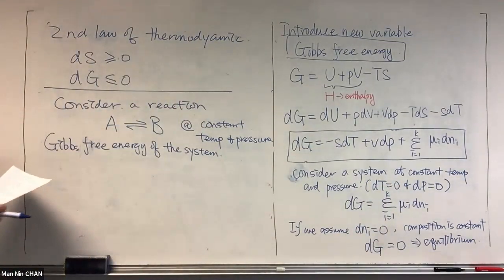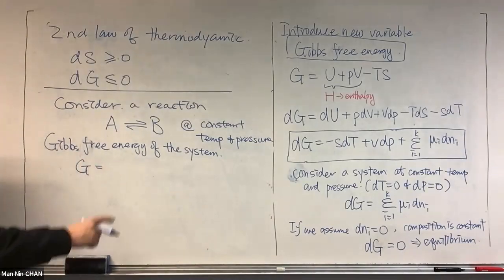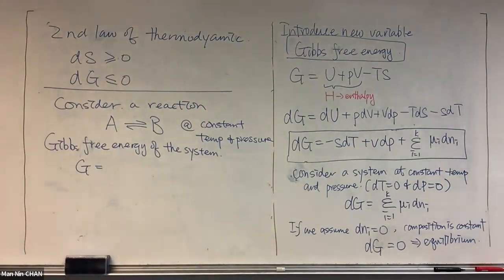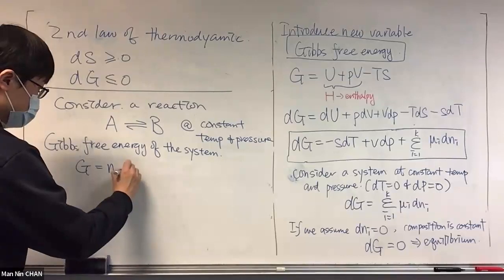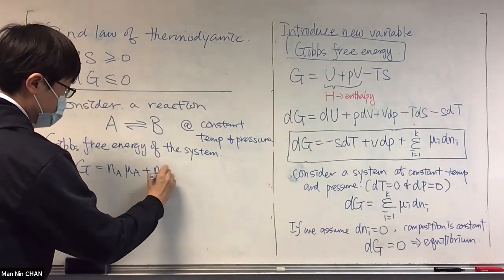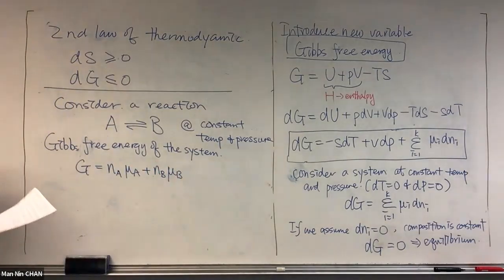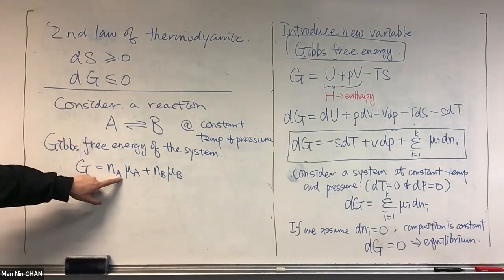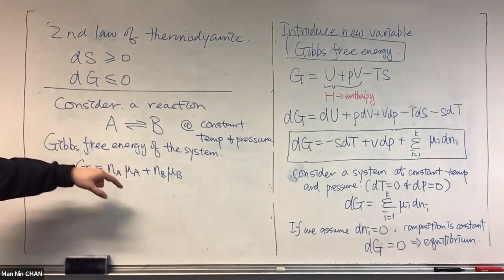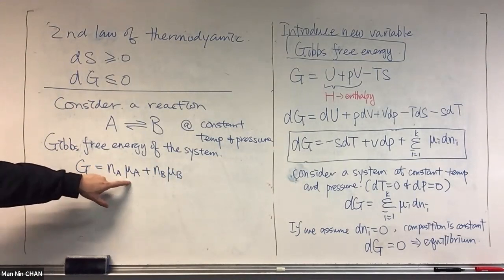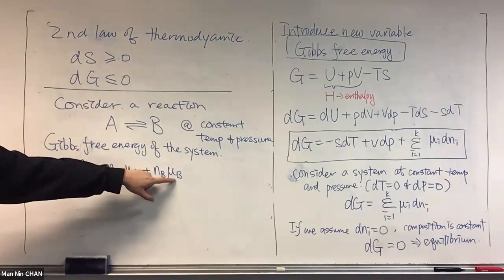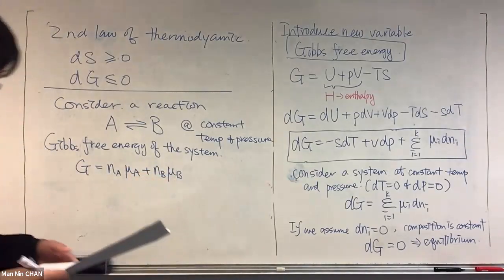So the Gibbs free energy of your system is N_A, the number of moles of your species A, times mu_A, the chemical potential of your species A, plus, since we only have two species, N_B, the number of moles of B, times the chemical potential of your species B.